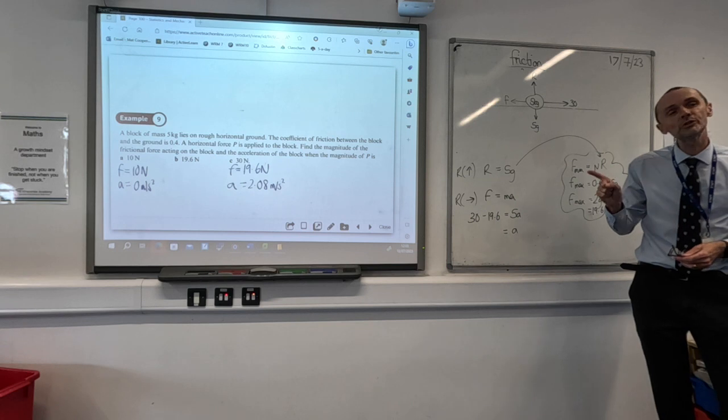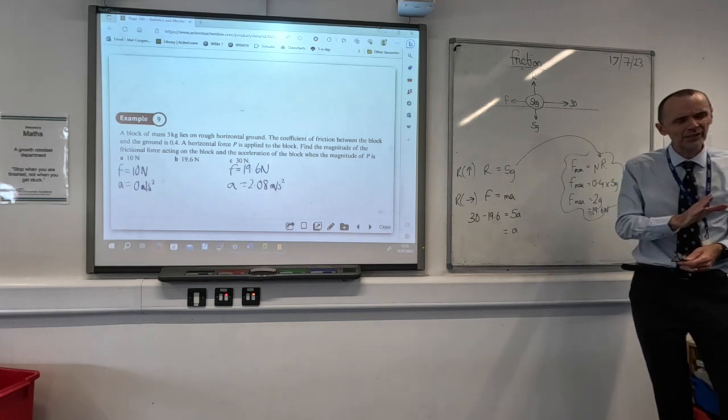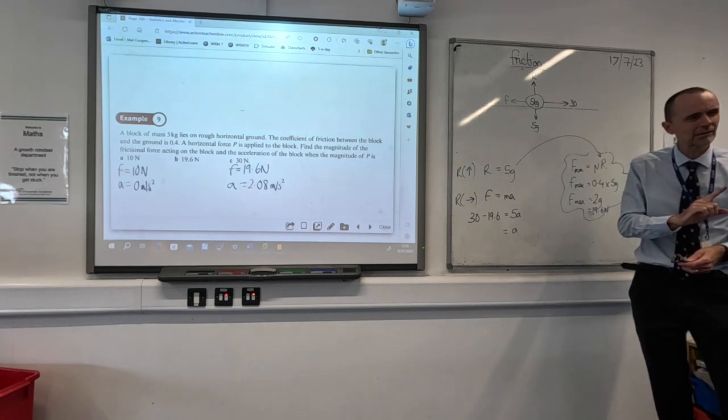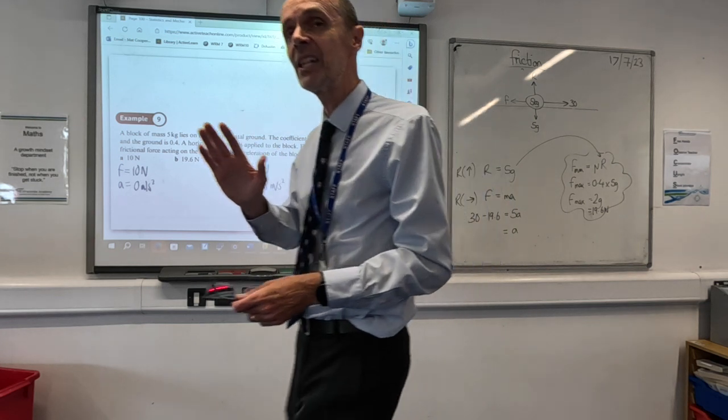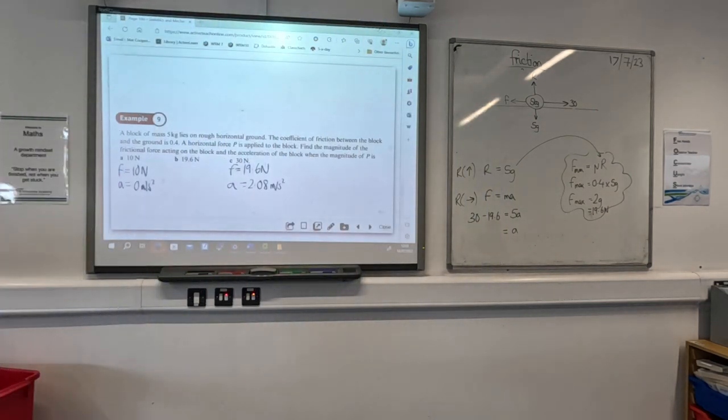But this is a crucial point. Have you done this in physics? This point here is referred to as limiting equilibrium, or sometimes limiting friction. This point here is when this block is about to move, and it's a really good point to use because nothing's moving yet, so everything's really, really simple, but we know that friction's at its maximum value.